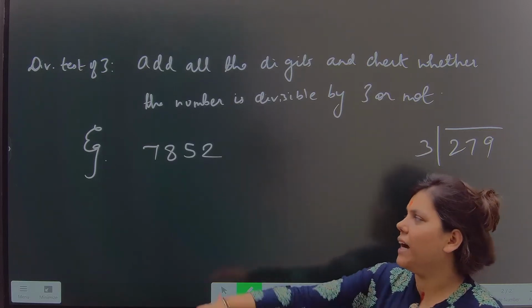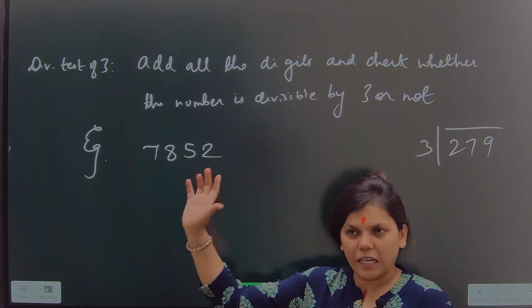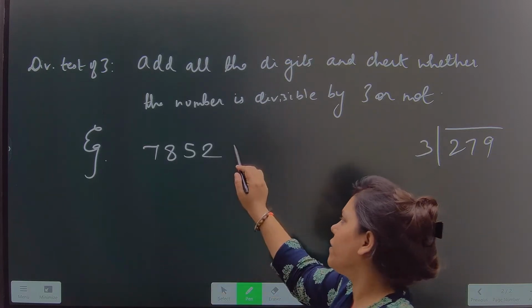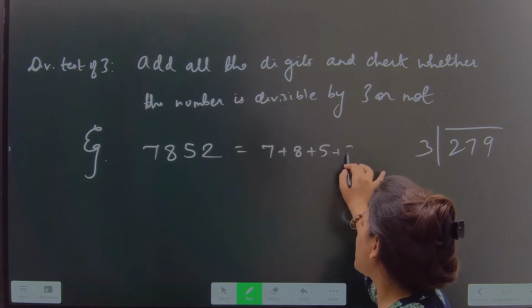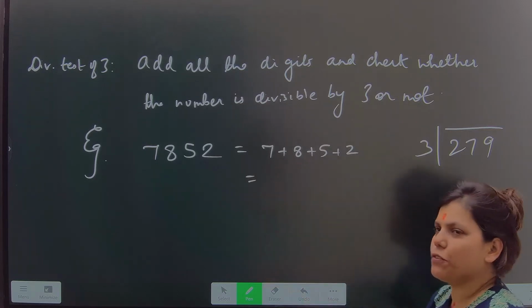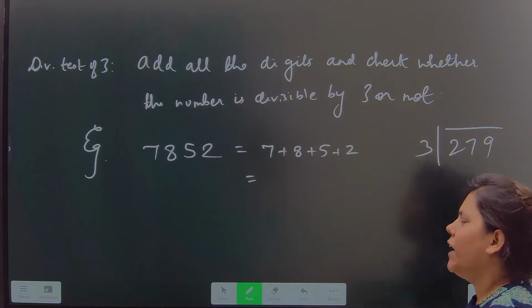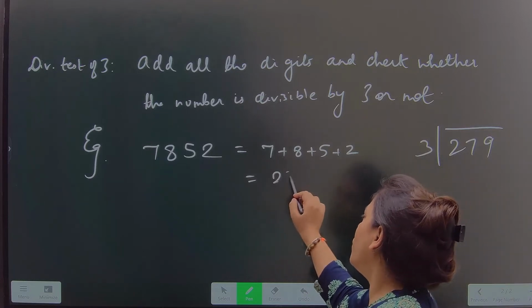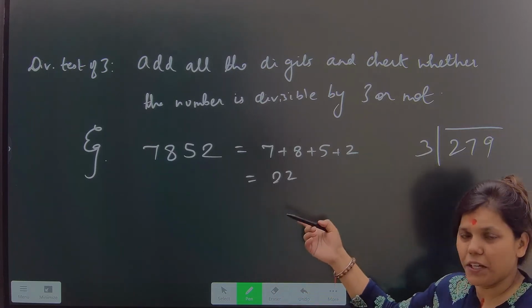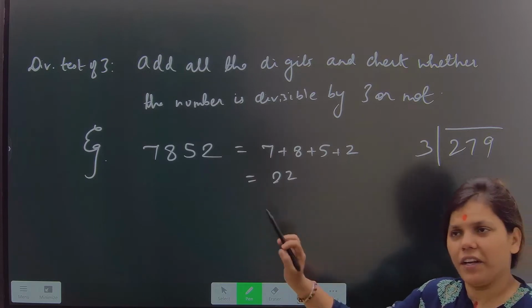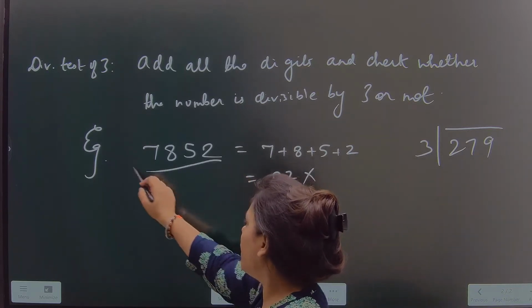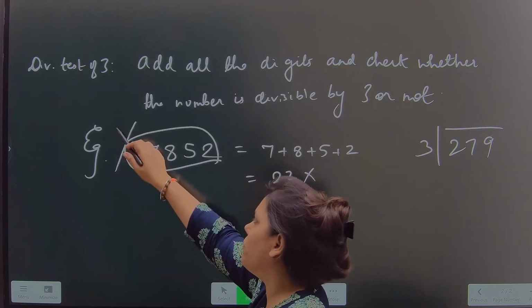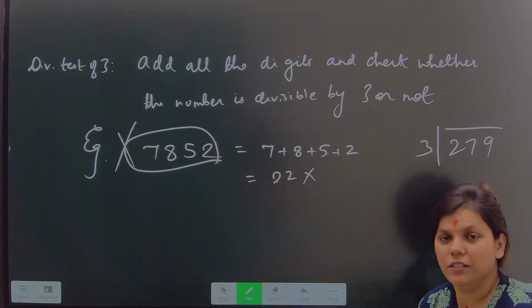I will simply add all the digits and check whether the number is divisible by 3 or not. 7 plus 8 plus 5 plus 2. 7 plus 8 is 15, 15 plus 5 is 20, and 20 and 2 is 22. So, does 22 come in 3's table? No. 22 is not divisible by 3. So, therefore, this whole number is not divisible by 3.